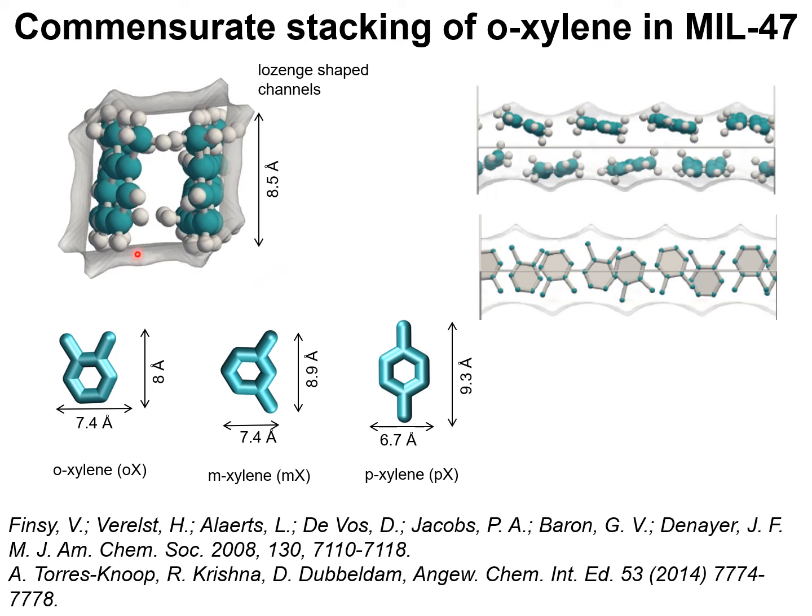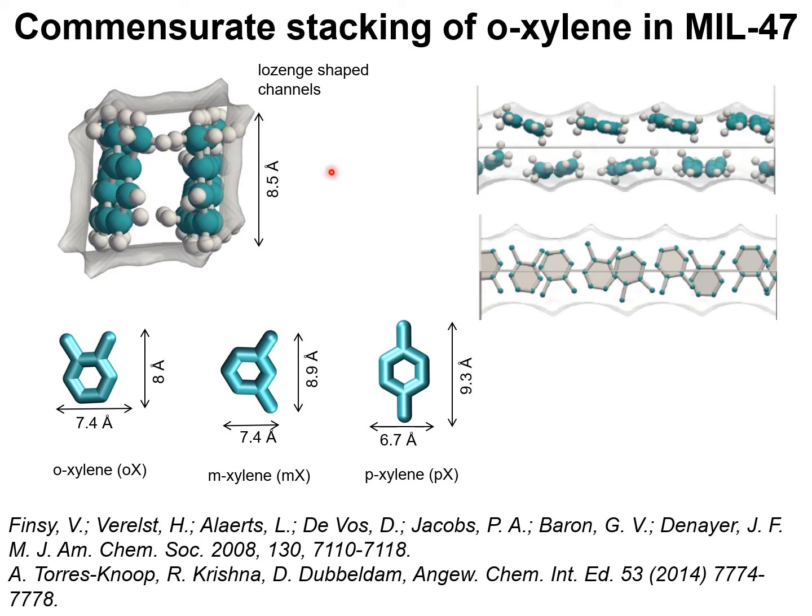If we look into the channels, we see face-to-face stacking of orthoxylene. If we look at the stacking from below, we see that the length of the orthoxylene molecules is commensurate with the shape of the channels. You see, snugly fitting in the channels.